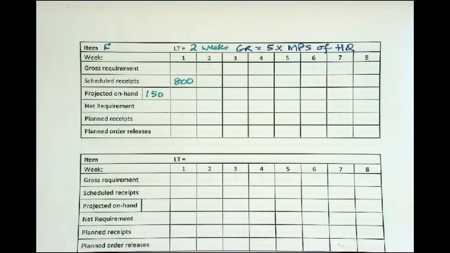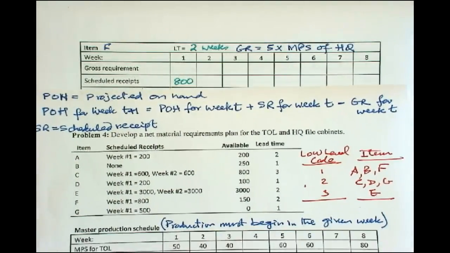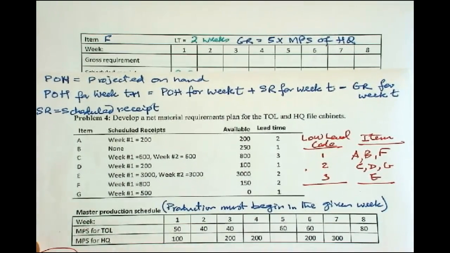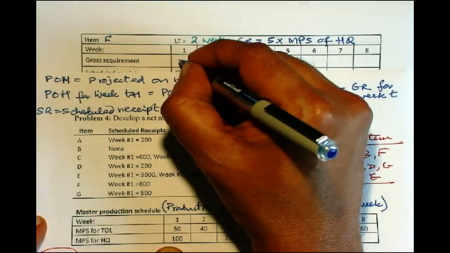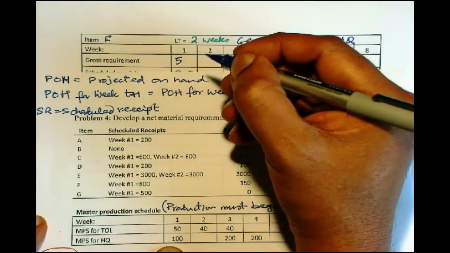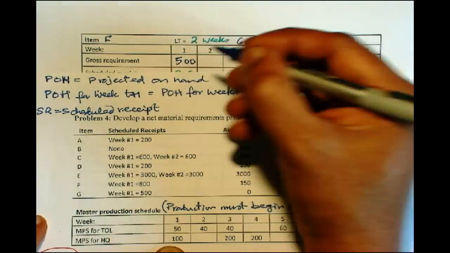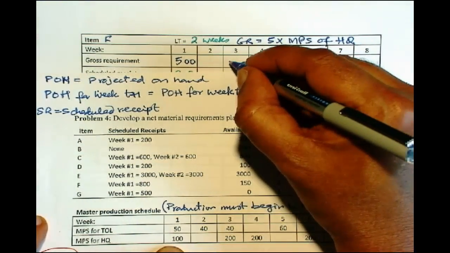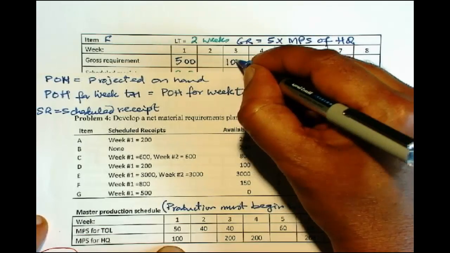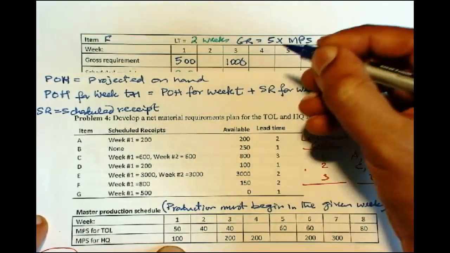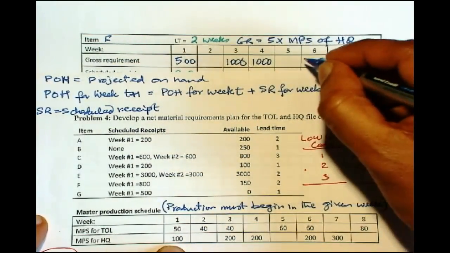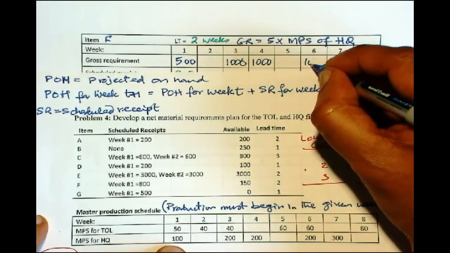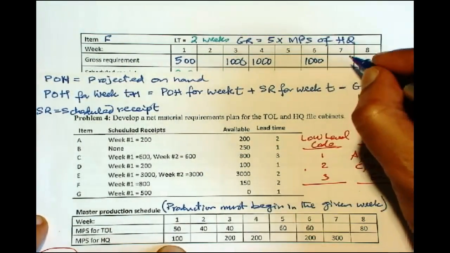The master production schedule for HQ is right here. So 5 times that will be 500, 0, 1000, 1000, 0, 1000 and 1500.